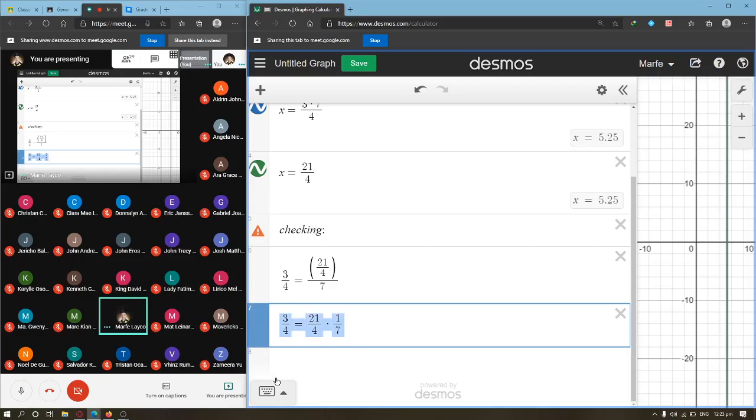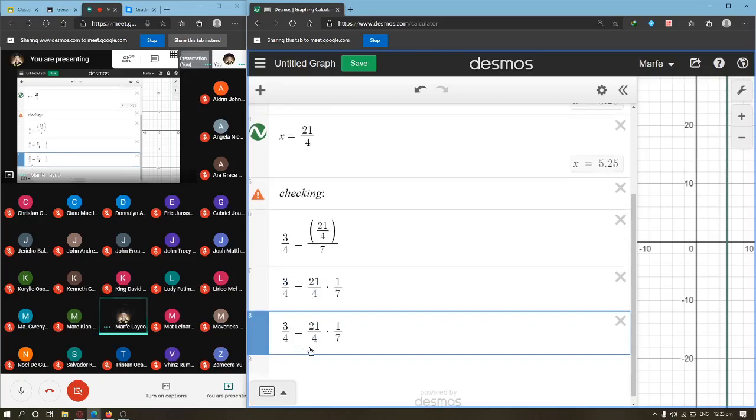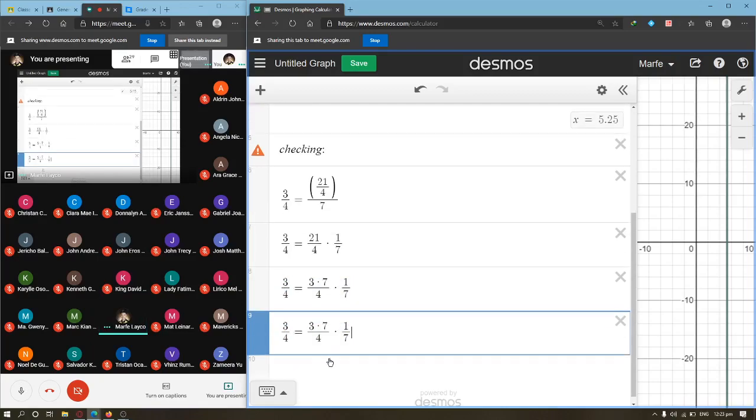And then, get the factors of 21, which is 3 multiplied by 7. Then, rewrite natin. So, it is being multiplied by 1. Yung denominator natin, multiplied by 7.